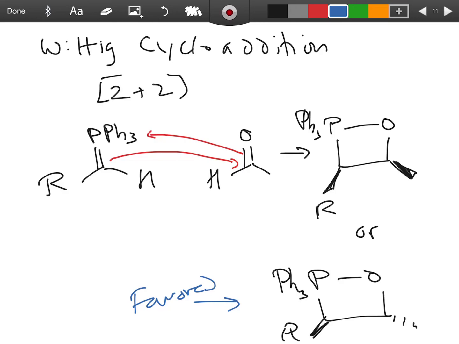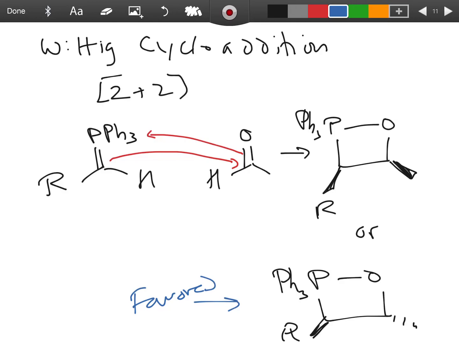So you can see that in the first structure, you have the ylide and the aldehyde basically at 90 degrees from each other. They're basically orthogonal. They do the cycloaddition, they stick together. And in the second structure, it's hard to see maybe, but the R group and R1 are both pointing down.